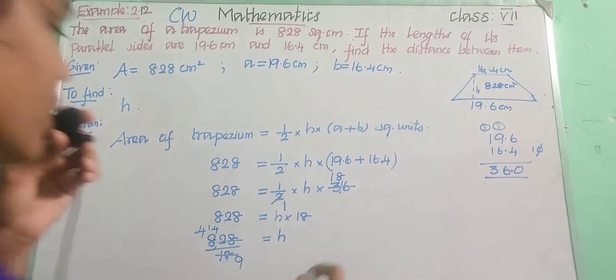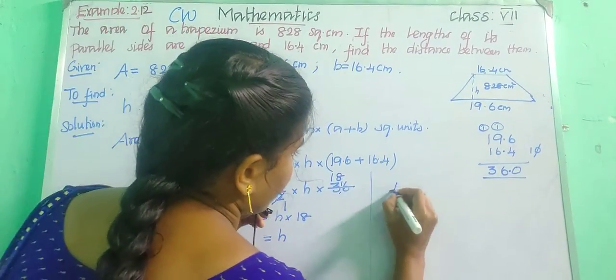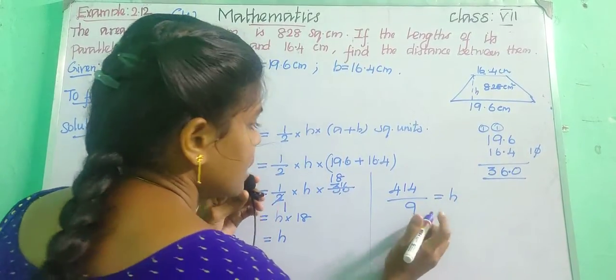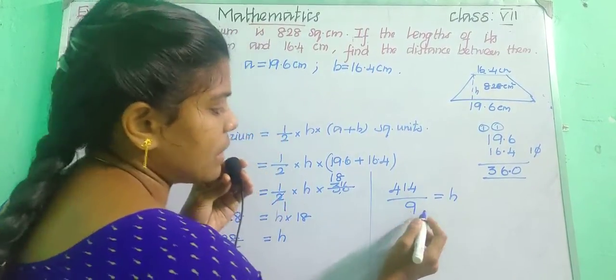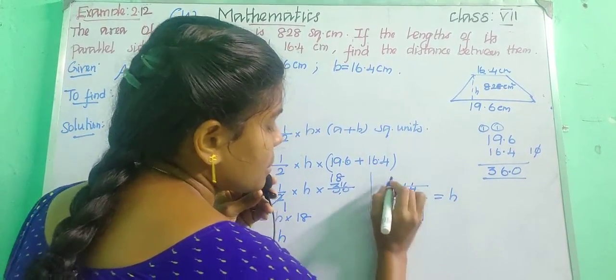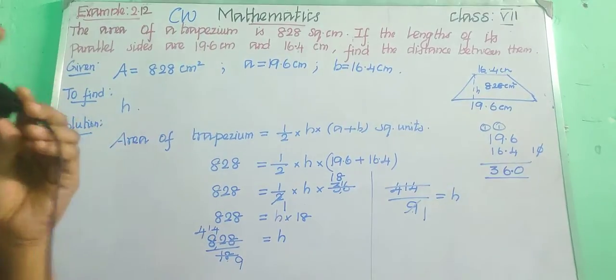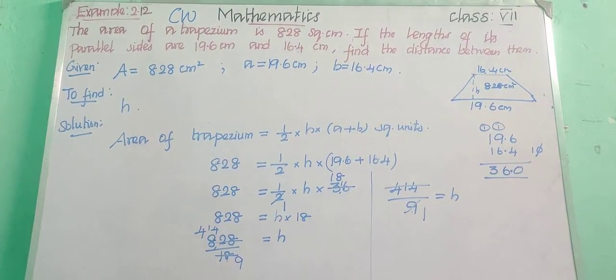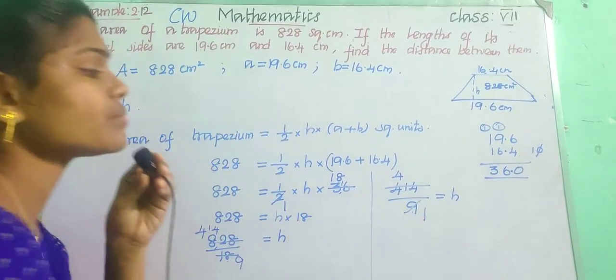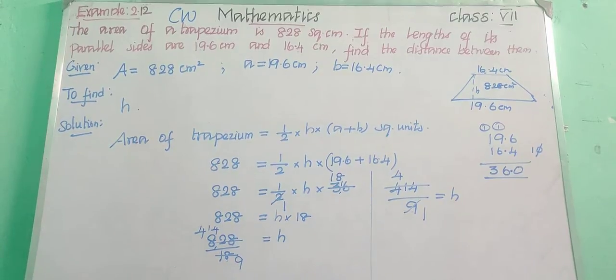So now we got 414 by 9 equal to h. Now we can cut this by the 9 table. Say 9 table: 1 9 is 9, 2 9s are 18, 3 9s are 27, 4 9s are 36, so remaining 5.